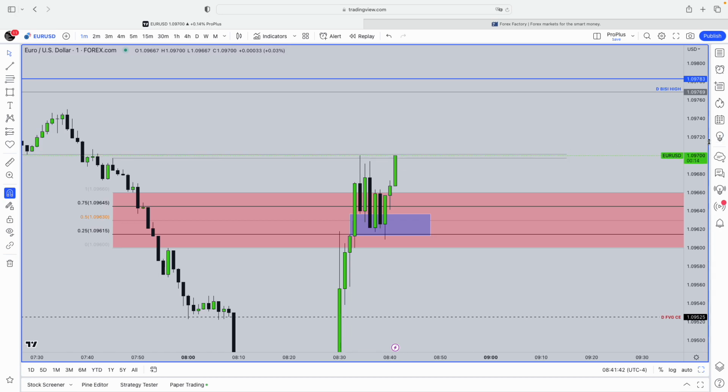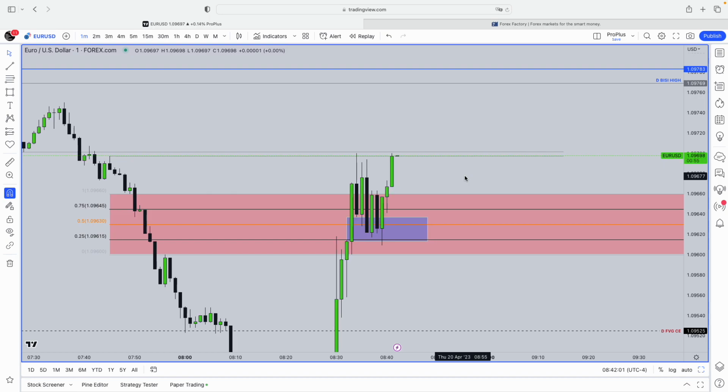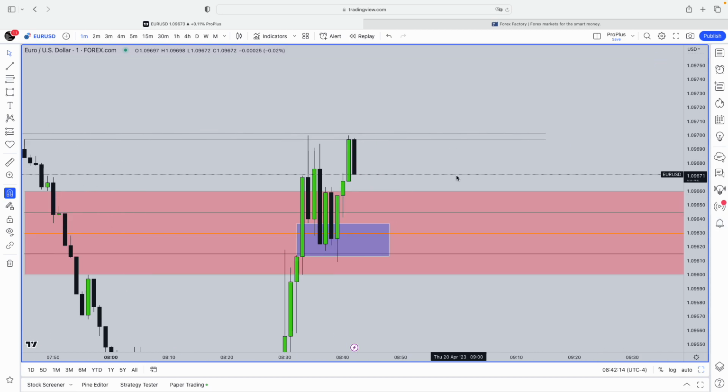So let's see how it does it. Rejecting at the minute. There's another fair value gap here. So let's see how it plays out.